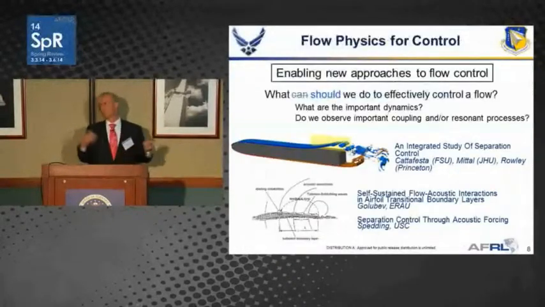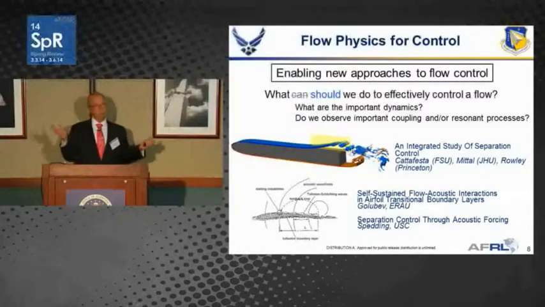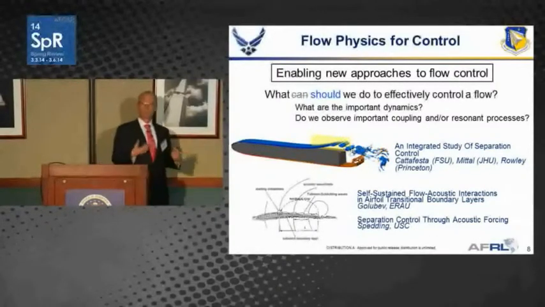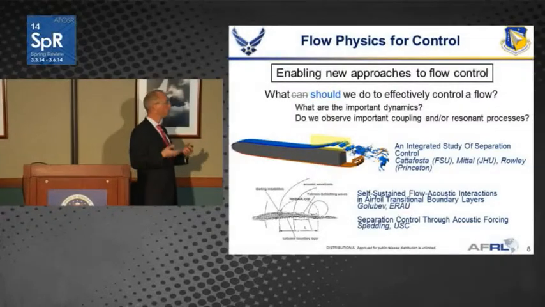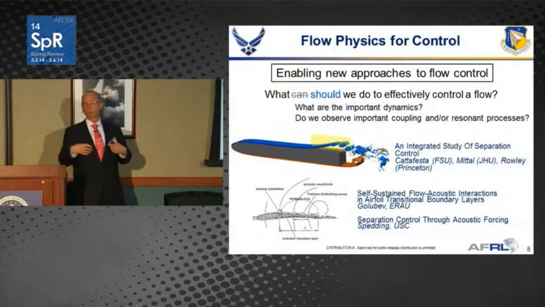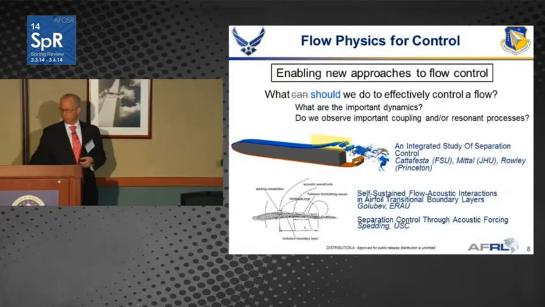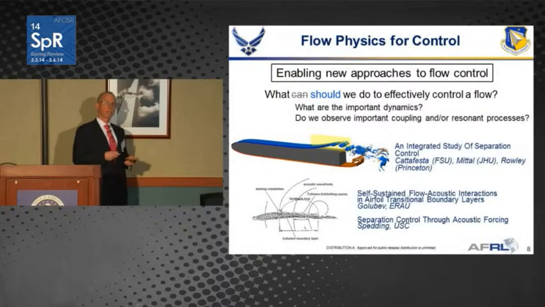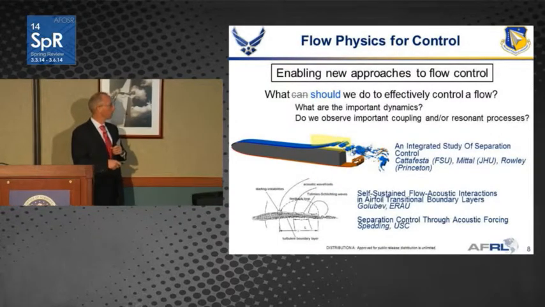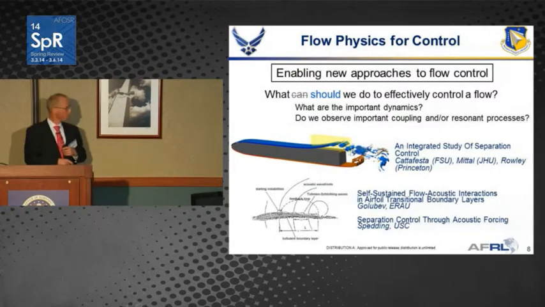Okay, so flow physics for control is not just about looking at canonical flows like turbulent wall-bounded boundary layers. It's really about understanding more complicated interactions. And so we have other types of interactions that we're looking at, and I'm going to present two types of interactions today. The first one is an interaction between two different types of separations that can occur in a flow field.